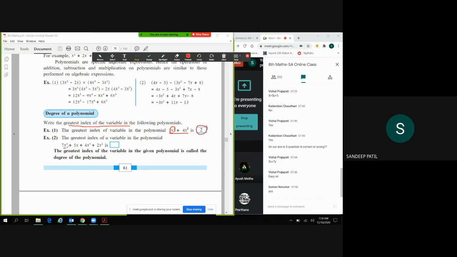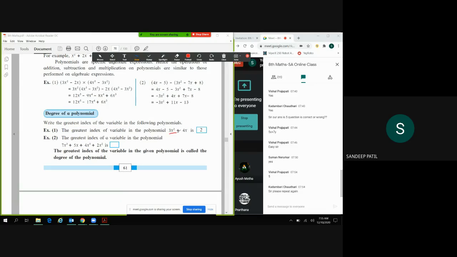So in this polynomial, what will be the greatest index? Can you write it in the chat box? 5. So I will repeat it again.